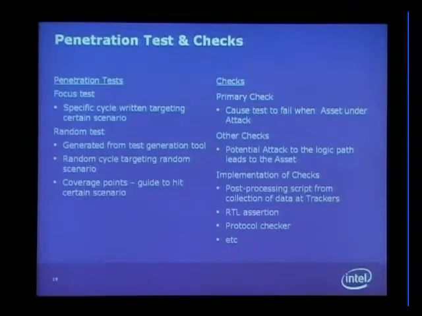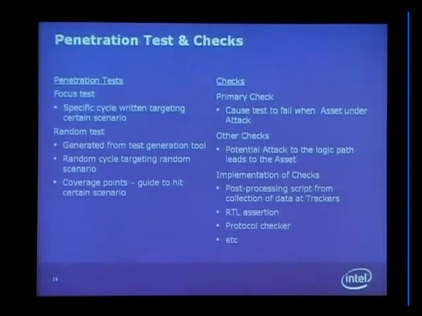On the check, there are many ways to implement the check. The primary check for security testing, of course, is that we want to make sure the test fails when the asset is under attack. We can implement other types of checks in the model.